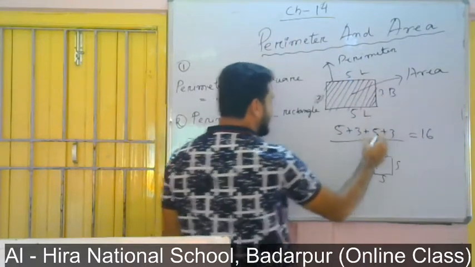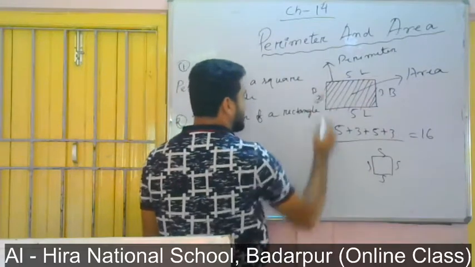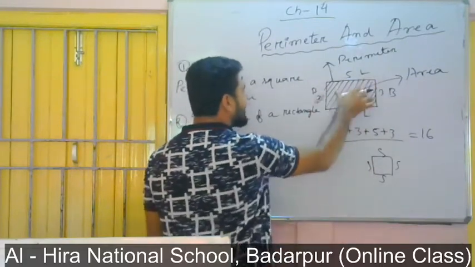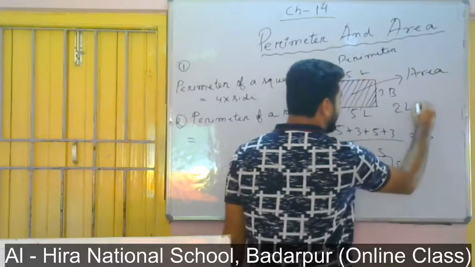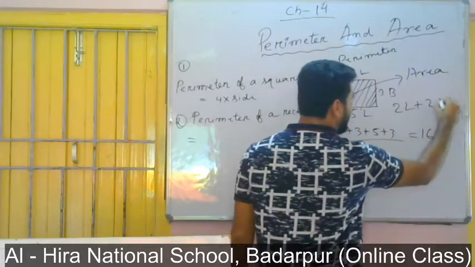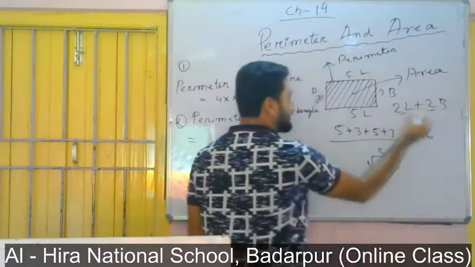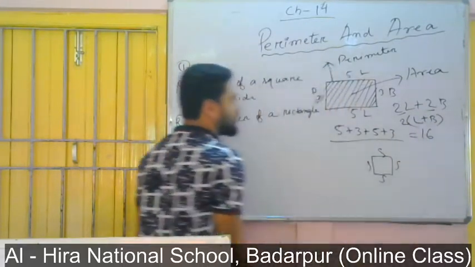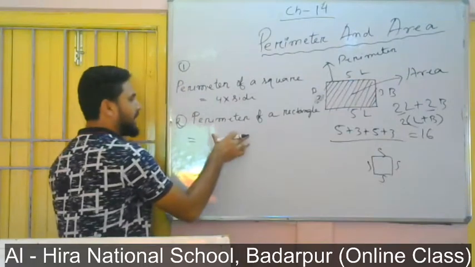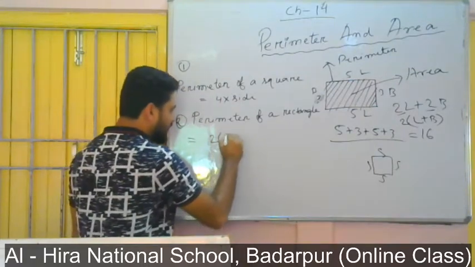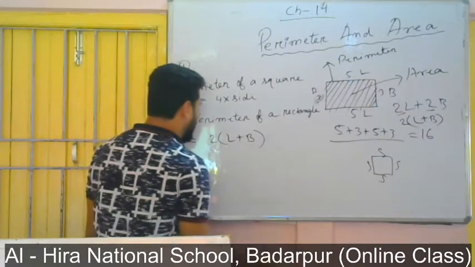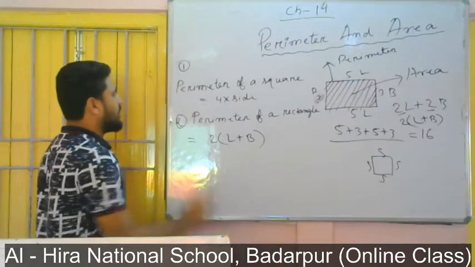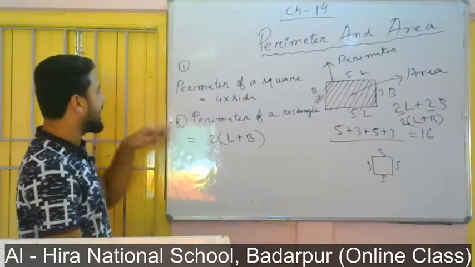Again we are getting length. Again we are getting breadth. That means we are getting 2 length and 2 breadth. If I take 2 common, then here will remain 2 into L plus B. So perimeter of a rectangle will be 2 into length plus breadth. Okay. So that is the perimeter.